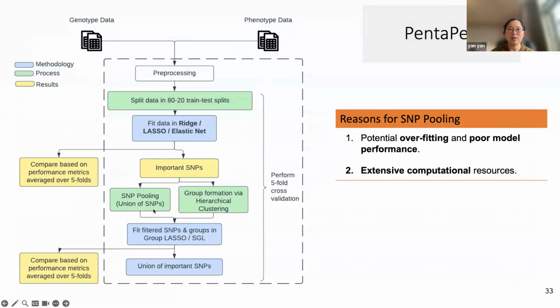Similar as before, we take a union of SNPs, and for the union, we put them into group lasso and SGL to form the final output. So we hope that this workflow could potentially correct the overfitting of group lasso and sparse group lasso. And also we don't need to run it on a big machine, because with the union of SNPs, we don't need to deal with the whole data set.